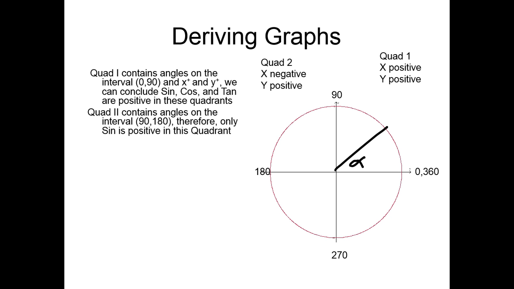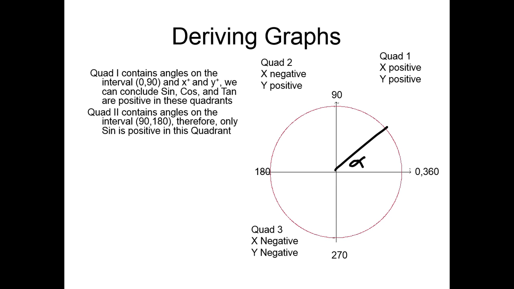Y is positive, implying that the sine is positive. The ratio of sine over cosine would be negative. So only the sine bears a positive value in quadrant 2.